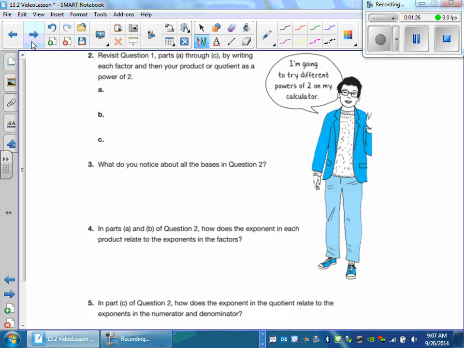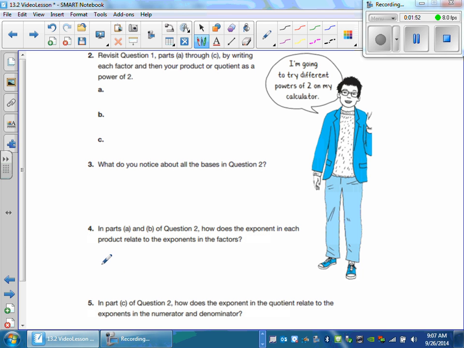At the bottom of the page, problem 4 and 5 ask you to go back over the things and try and figure out what you did in that whole section. The question is, how does the exponent in each product relate to the exponents in the factors? And what they want you to realize is that when you're multiplying the bases, you add the exponents. So I'll give you an example that's not as confusing as the book gave.